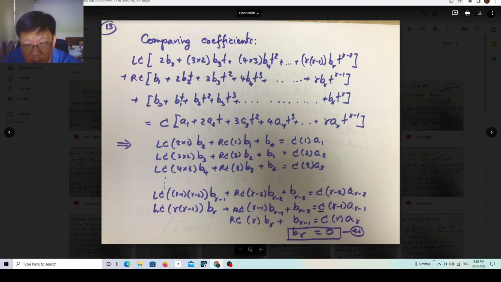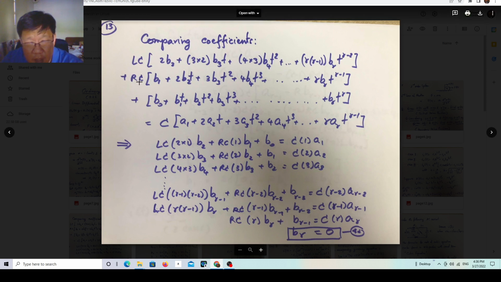This one is almost not the end. The end is the last. This one goes up to the term t to the r minus 2. Because you observe here LC times r times r minus 1, this is the last term, times b sub r. This is t to the r minus 2.